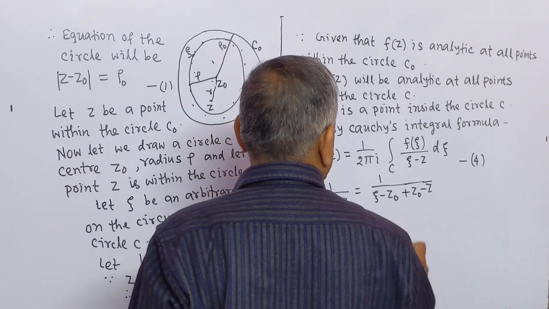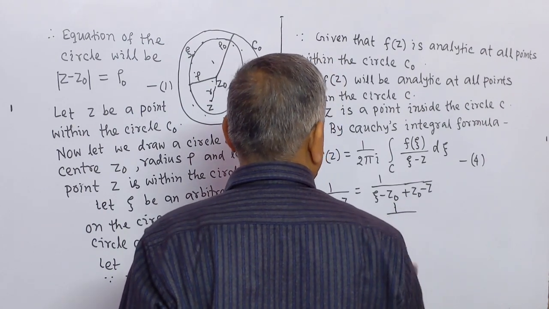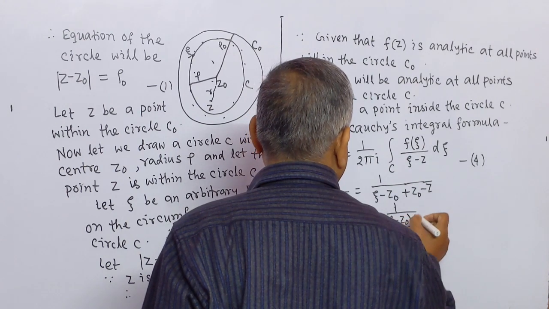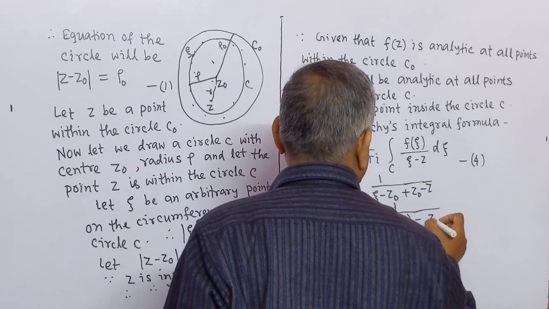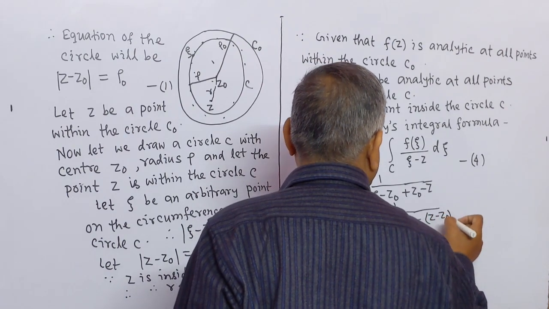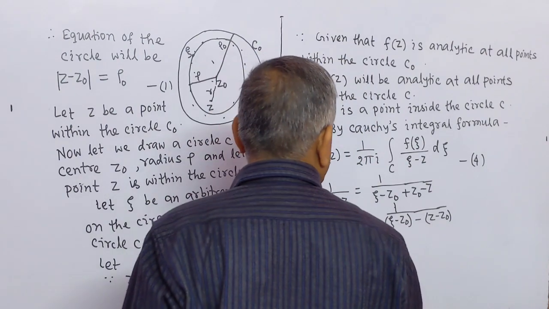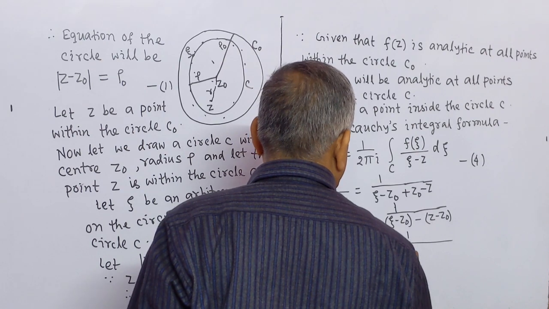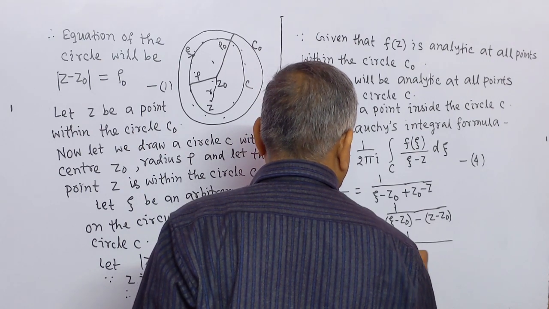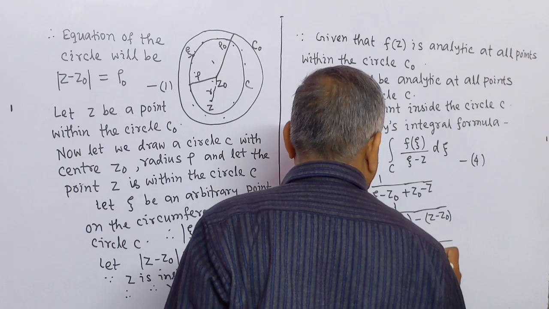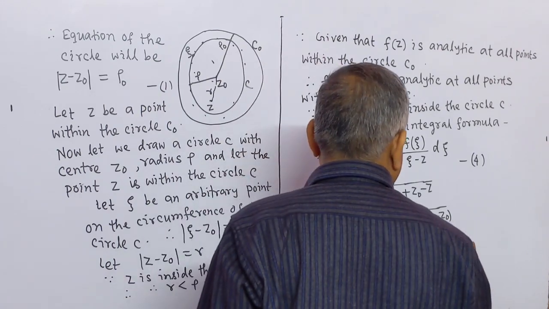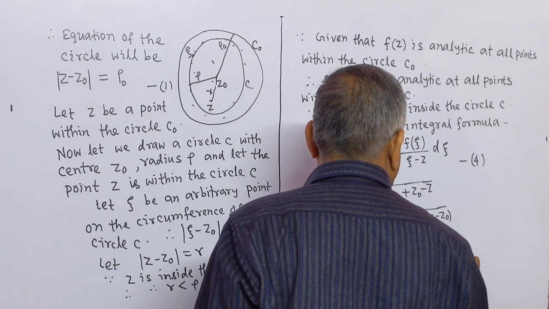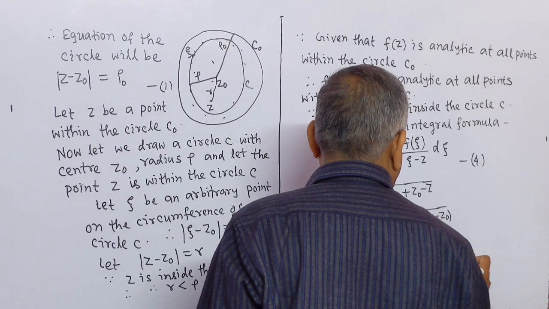This will be equal to 1 by xi minus z naught minus z minus z naught under bracket, and this will be equal to 1 by xi minus z naught common, 1 minus z minus z naught by xi minus z naught.